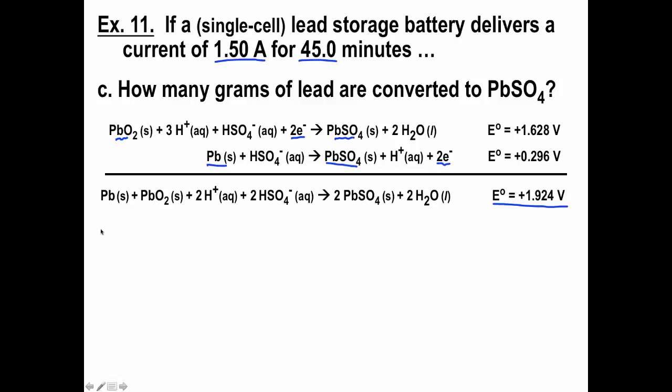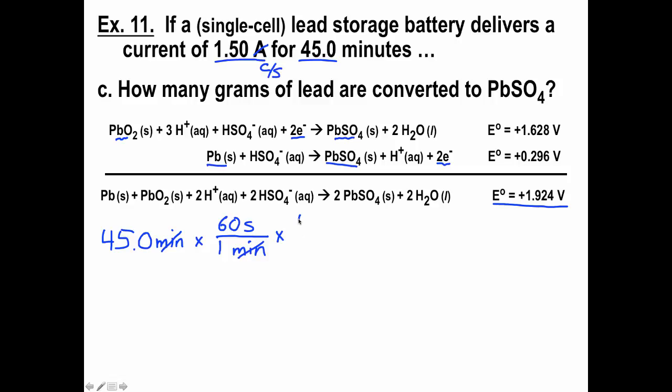So to solve this, we note that we had the cell running for 45 minutes. And then we are going to need to convert our minutes into seconds. So 60 seconds per every minute. And we're going to convert minutes into seconds because then we know the current in amperes, which is the same as coulombs per second.